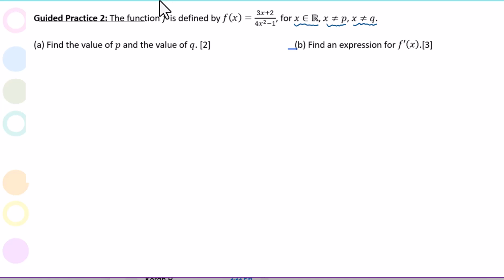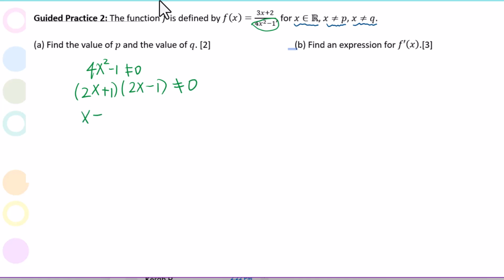Since this is a rational function, the domain is 4x squared minus 1 not equal to 0. Let's solve. Factor: 2x plus 1 times 2x minus 1 not equal to 0.